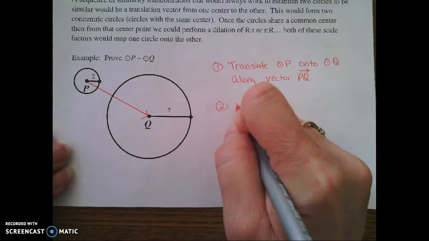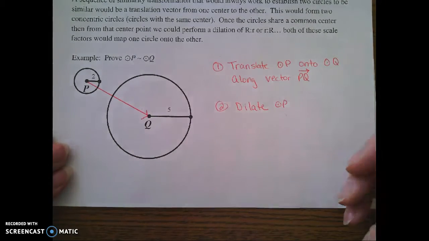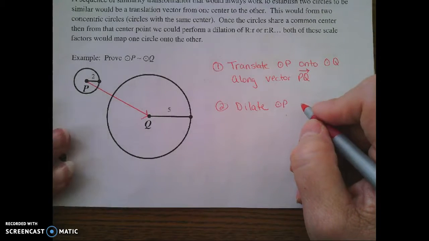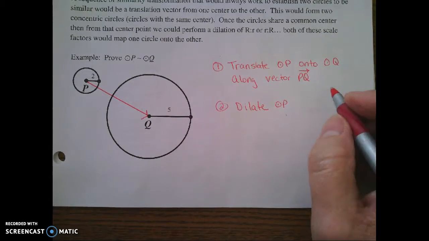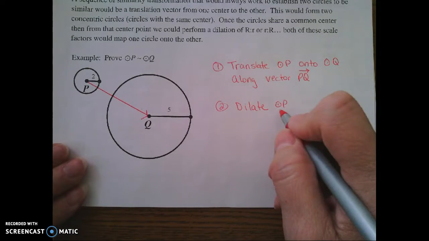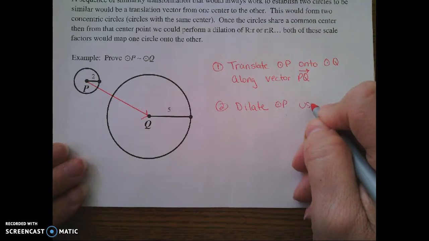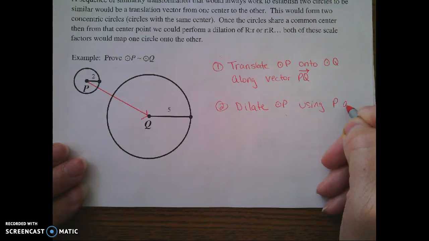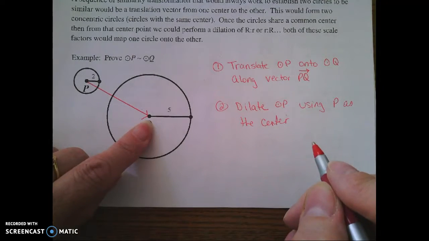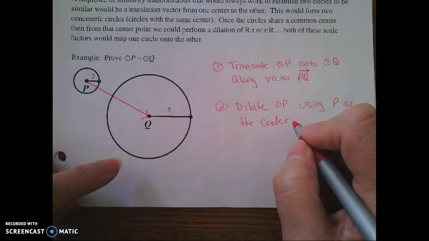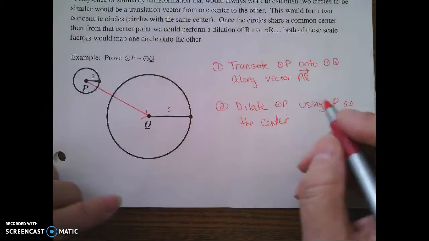Next thing is a dilation. So we are going to dilate circle P. With the dilation, you have to give two facts. You have to give the scale factor and you have to give the center of dilation. So we're going to dilate circle P using P as the center. P now is going to be Q, actually. P and Q are now the same point.